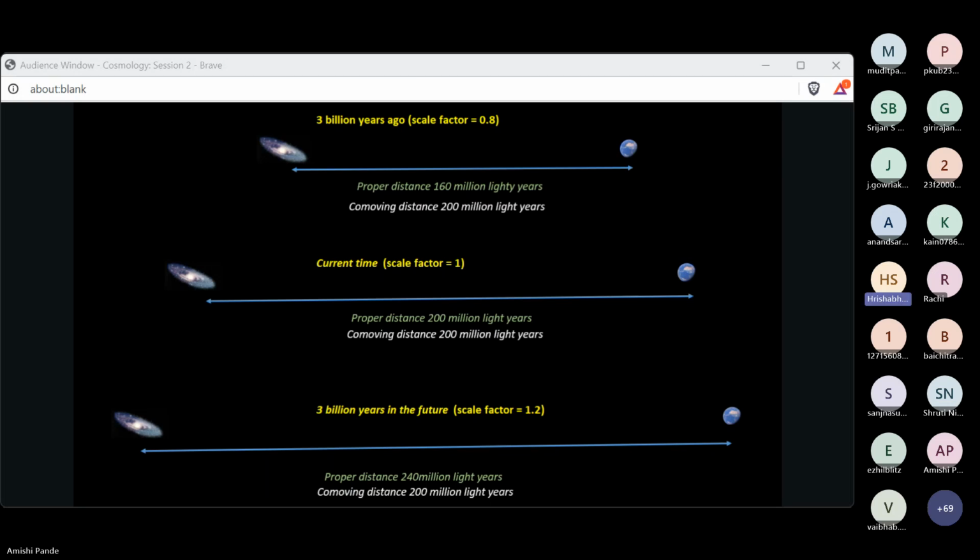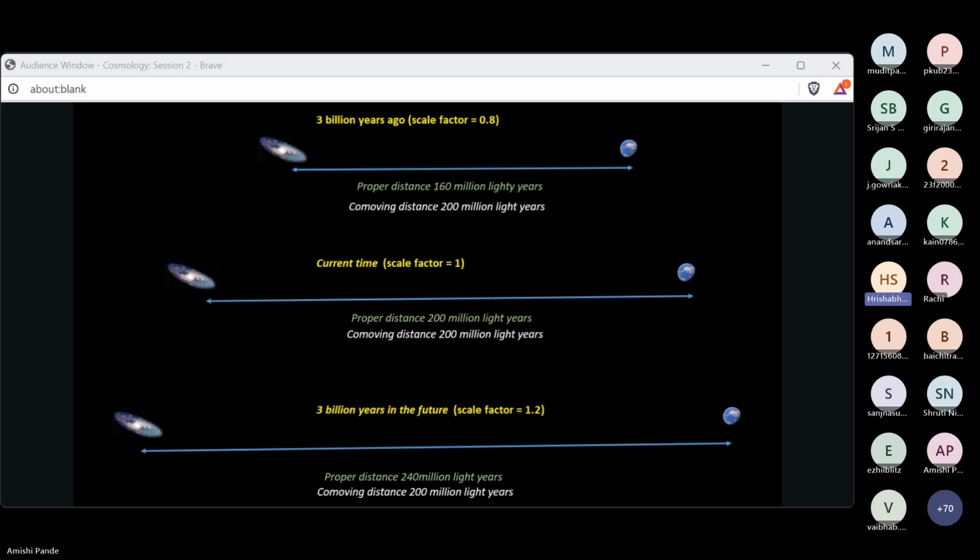I am hoping that you're asking if the data written here is accurate: 3 billion years ago meaning scale factor 0.8, current time meaning scale factor 1, and 3 billion years in future meaning scale factor 1.2. Is that what you're asking?